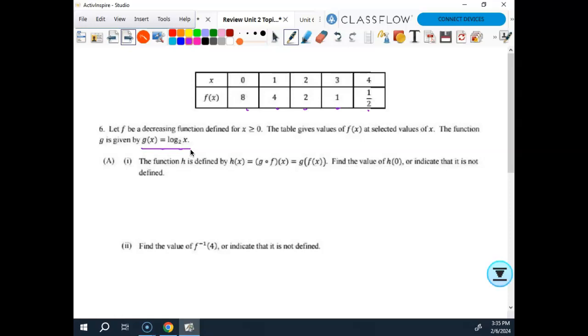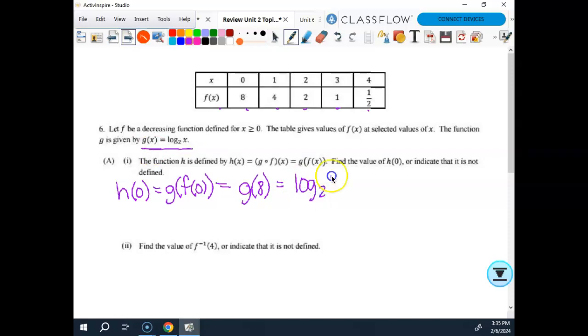Find the value of h of 0, or indicate that it's not defined. Okay, so h of 0 will be equal to g of f of 0. Okay, so f of 0 is 8, so that's equal to g of 8. And then g of 8, well, this is g, so this would be log base 2 of 8.